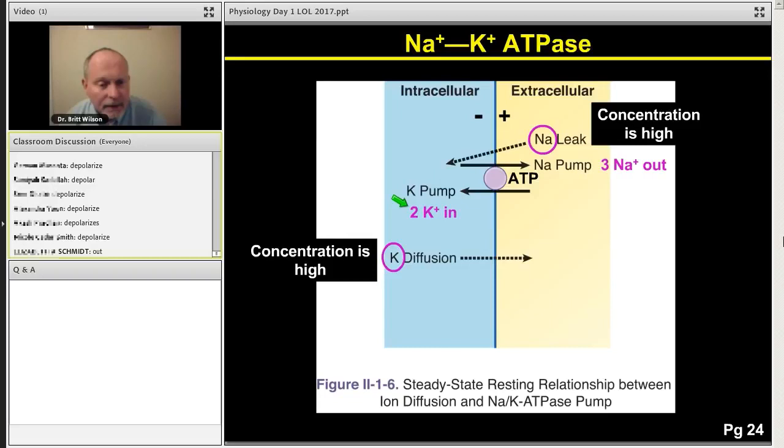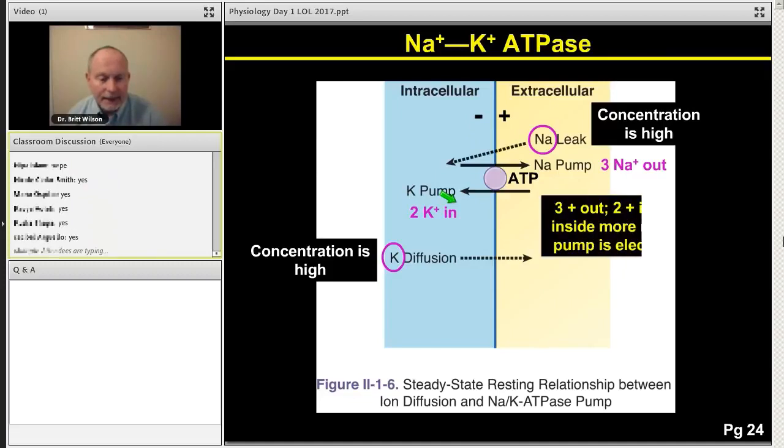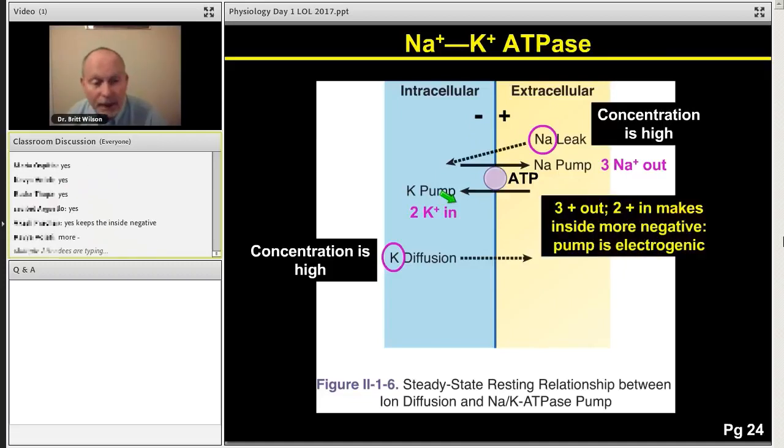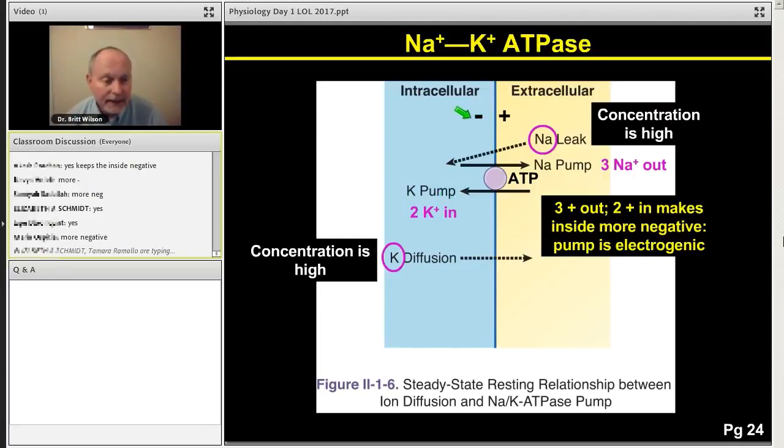Is that going to influence the charge inside the cell, if I pump 3 sodium out and only replace it with 2 potassium? Yeah, exactly. This pump is what we call electrogenic. It keeps the inside more negative. So the sodium-potassium ATPase helps keep the inside negative.